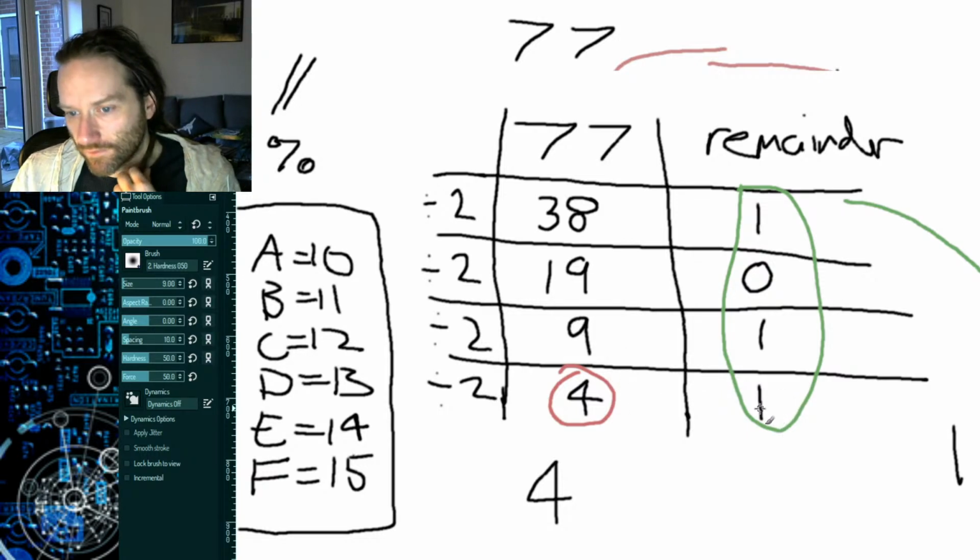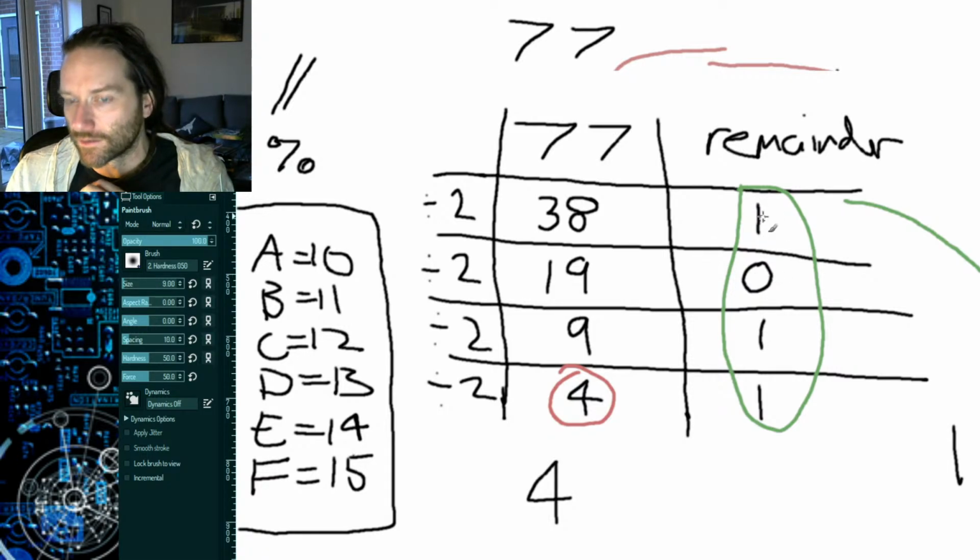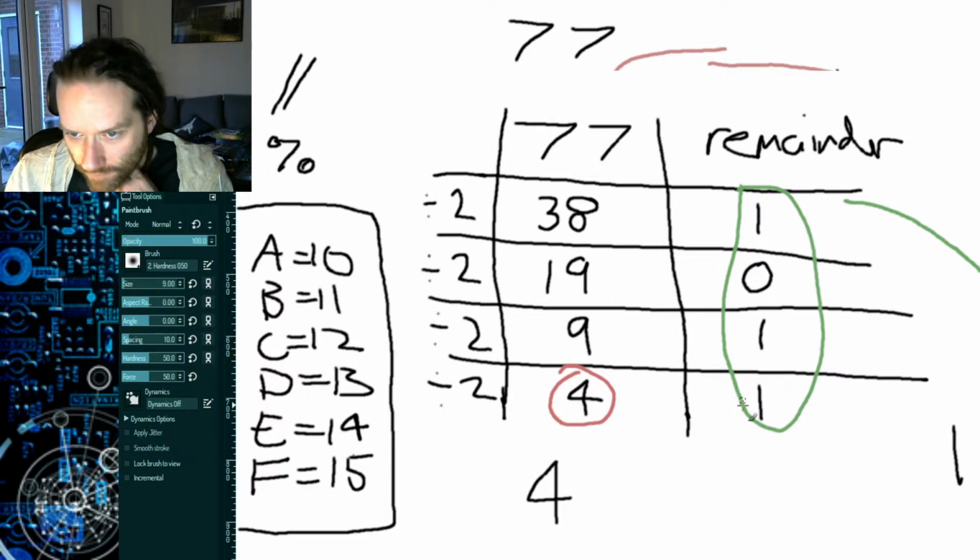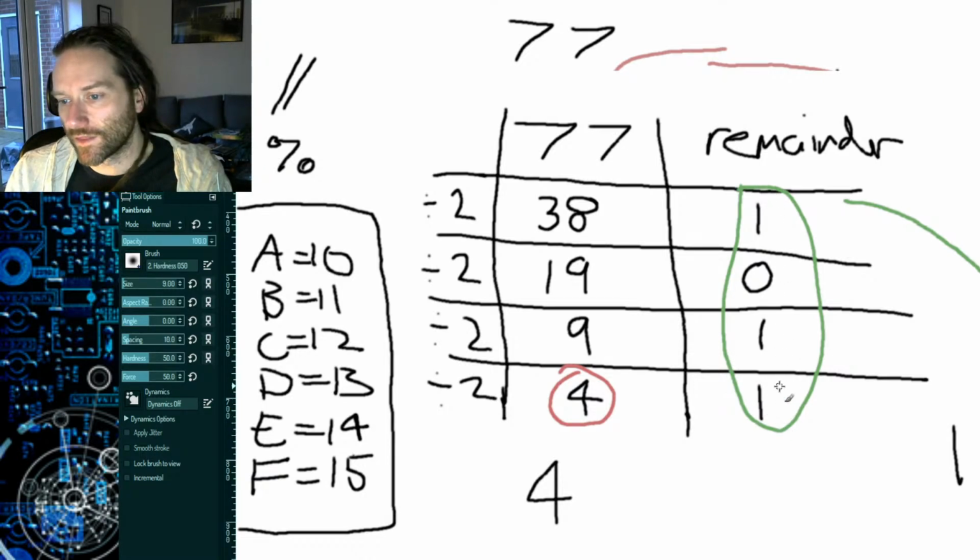If we're multiplying this up the chain, it's 1 there, but if I multiply that by 2, it becomes 2. Multiply by 2, it becomes 4. Multiply by 2, it becomes 8. These are our magic numbers. So the further down this number is, the more significant it will be.